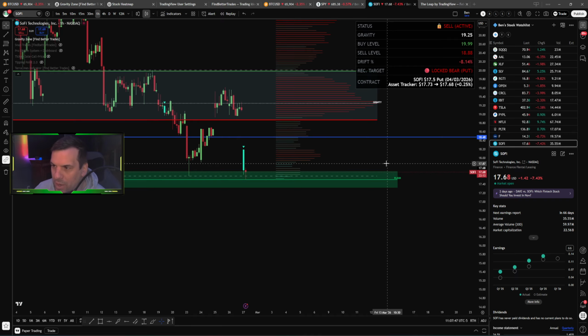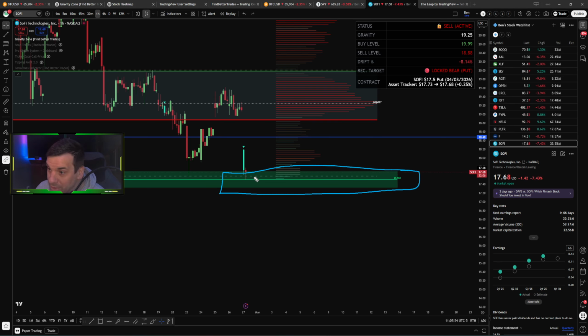And so whenever there is a breakdown out of the gravity zone and it hits the floor, what happens? Well, typically you could see a bounce here. You can actually see a bounce here. There's a big gap as well. But if it breaks this floor, that could be game over for SoFi.